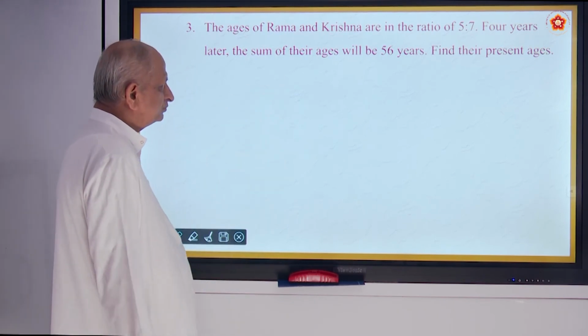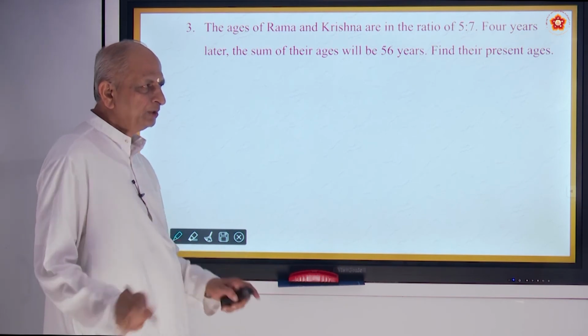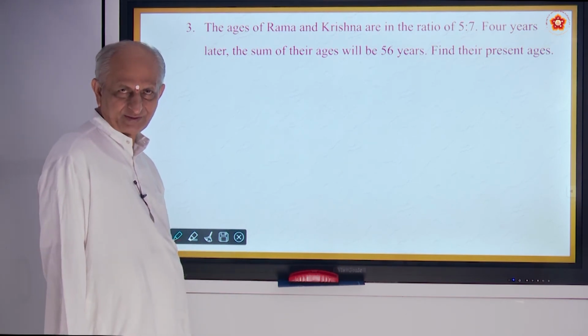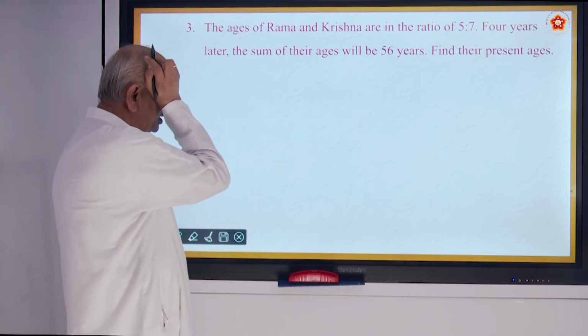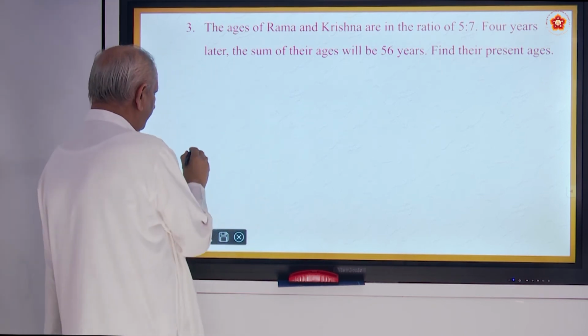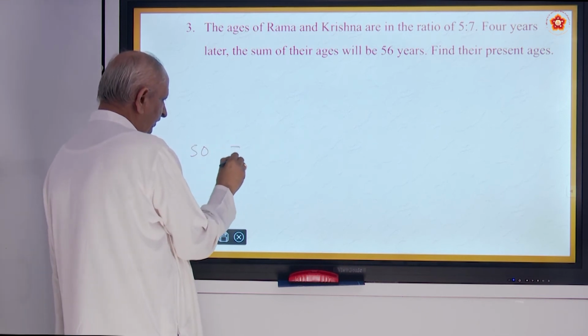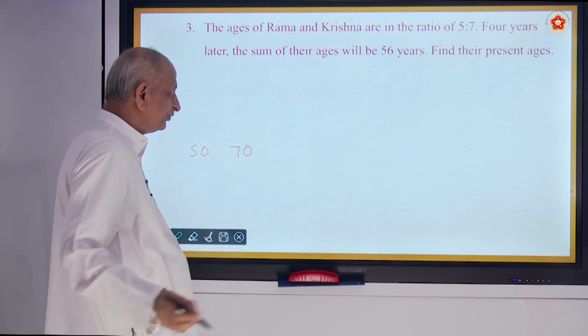4 years later the sum is given, and now the ratio is given. What is a ratio? It is a comparison between two like quantities, the same type of quantities. So here ages are compared, and the ratio may be 50 and 70. Of course you are not so aged.